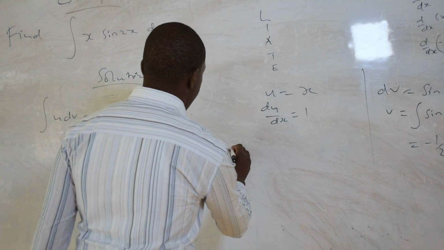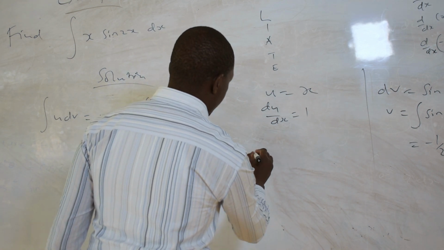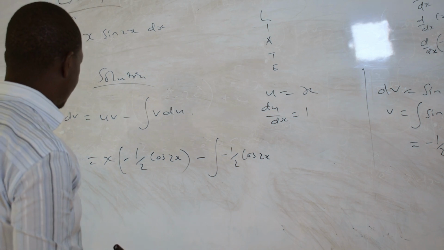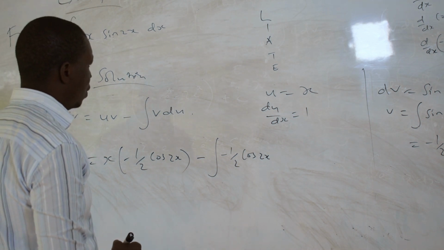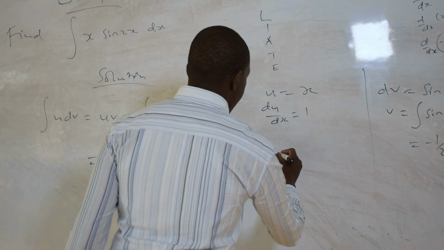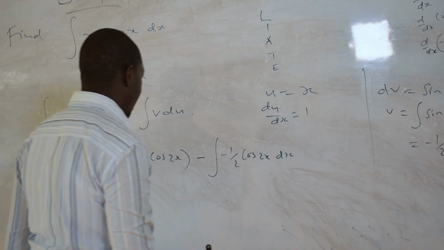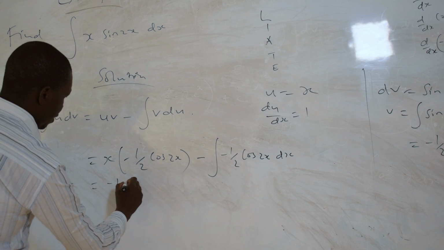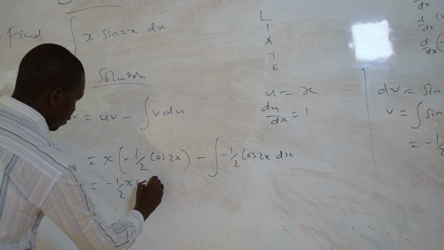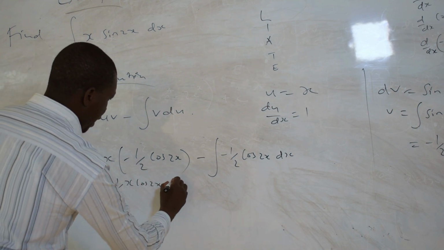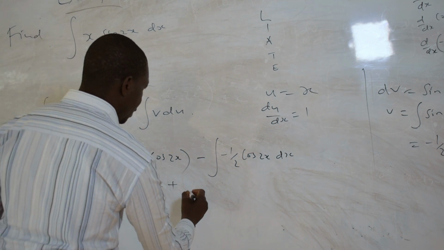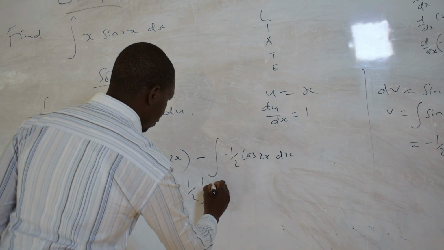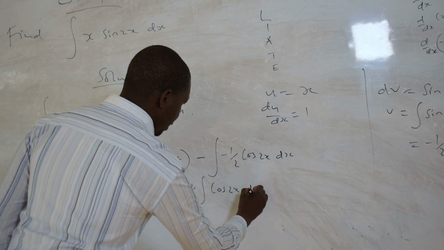Our v is minus a half cos of 2x, and our du is 1 dx, that is dx. Again, this is the same as minus a half x cos of 2x plus a half integral of cos of 2x dx.